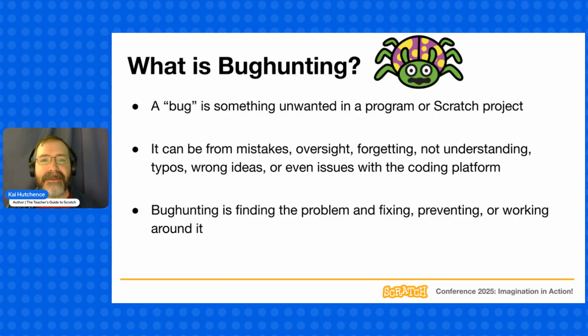They can come up because of reasons that you don't even have control over. So bugs are going to happen. Bug hunting is about how we find those problems, fix them, maybe prevent them from happening in the first place, or if we can't do that, just finding a way to work around them. There's lots of things that we can do, but the main point is we're going to do it.